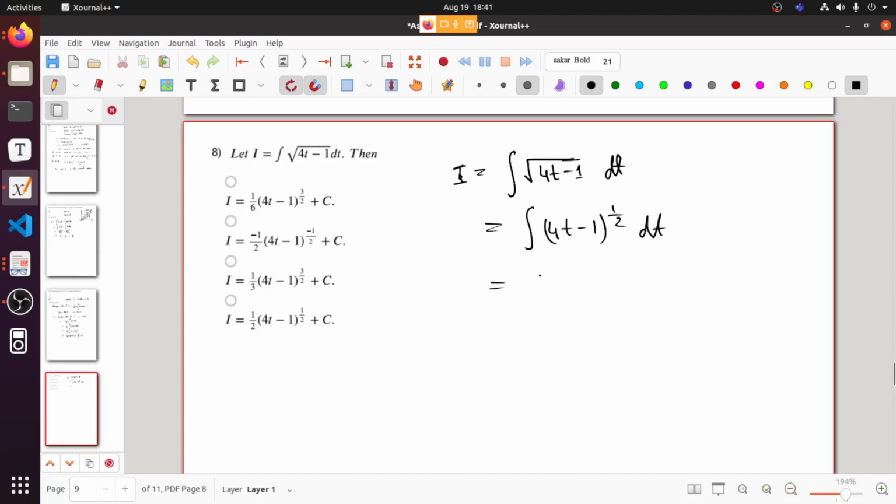So this is 1 by 4 will be, and it will be x to the power n plus 1 by n plus 1, right? So (4t minus 1), half plus 1 means 3 by 2, divided by 3 by 2, right? Plus c will be there. This will be some arbitrary constant. Right? C is constant.